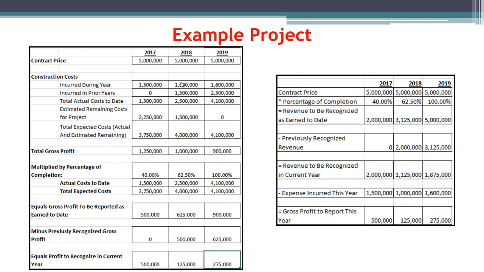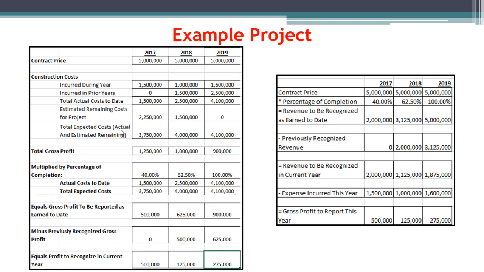So if you set up a chart like we did here, we kept track of the total expected costs every step of the way. Even though they changed, our estimate changed, we kept track of it. Now remember, total expected cost, it includes what we've already incurred plus what we think is left.